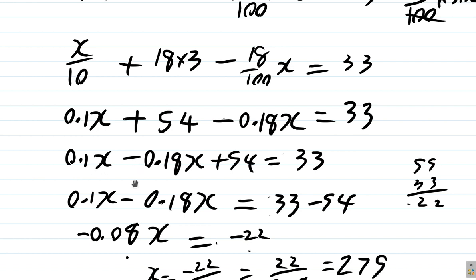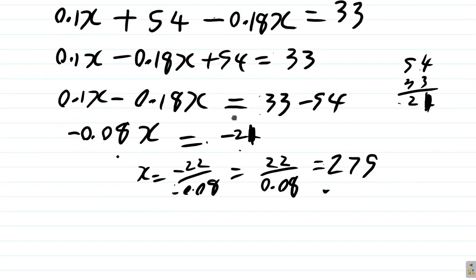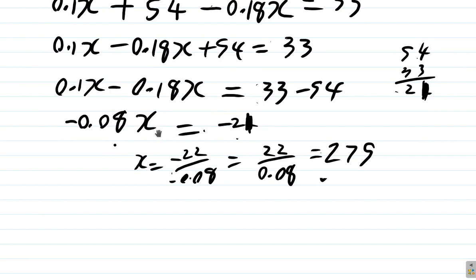And then what we have is 0.1 of x minus 0.18 of x plus 54 equals 33. Oh, I had 55 up here. Made another mistake. It's 54, so it's 21 it would be. So what we had is 0.08x equals negative 21 over 0.08. So this will change.